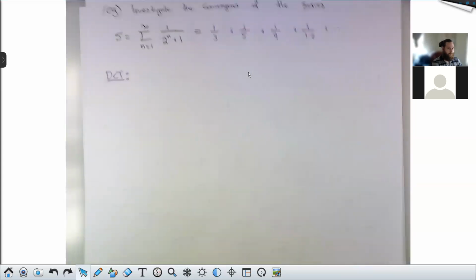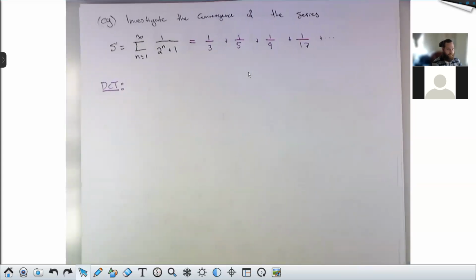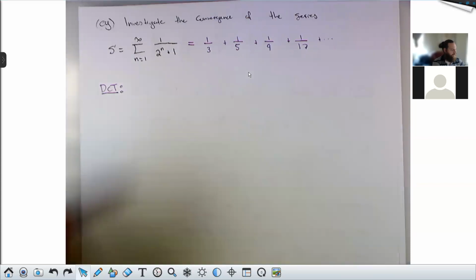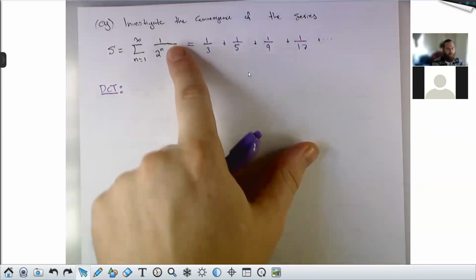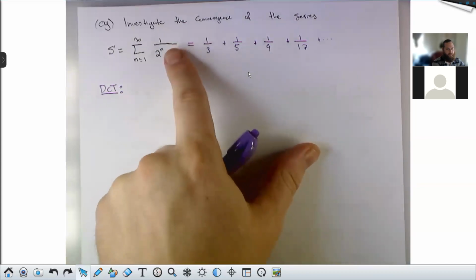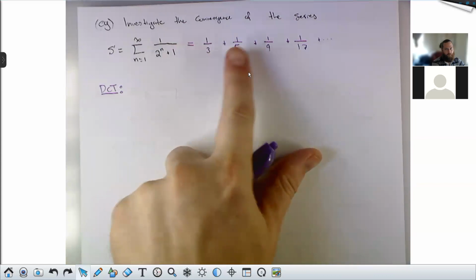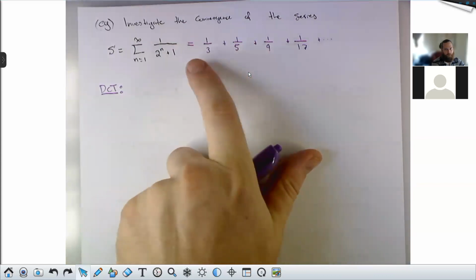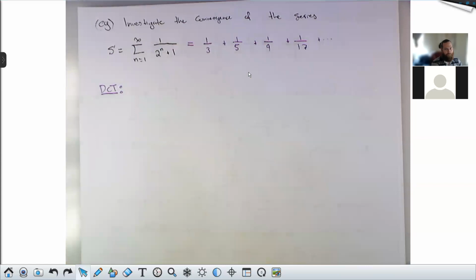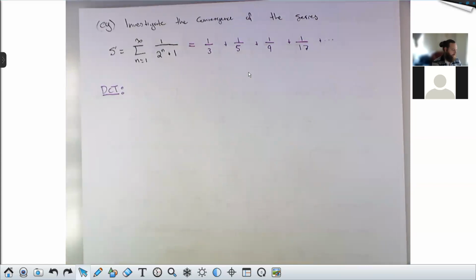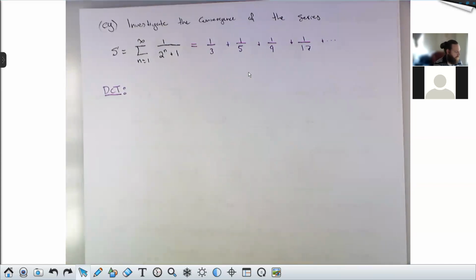In the new problem, the superfluous stuff, the stuff that doesn't really change much, is this plus 1 down here. With or without that, this series is very, very similar. The only difference is that it would be 1/2 plus 1/4 plus 1/8 plus 1/16 without the plus 1. So the plus 1 doesn't change the behavior very much. So we're going to try to compare this to the series sigma 1 over 2 to the n. And to do that, we need an inequality.